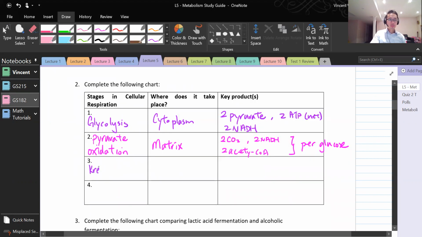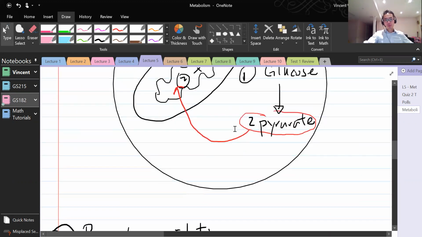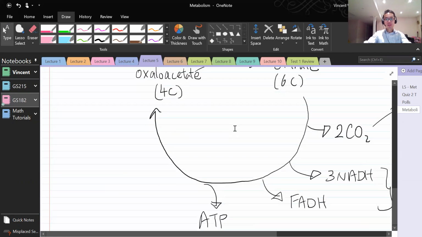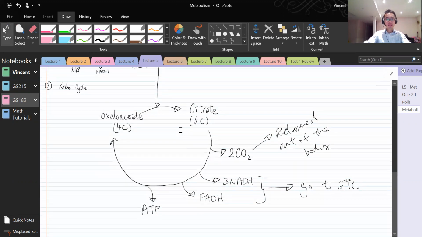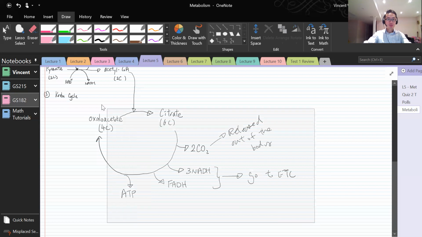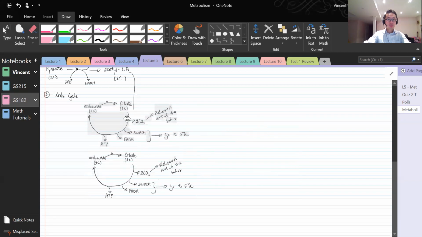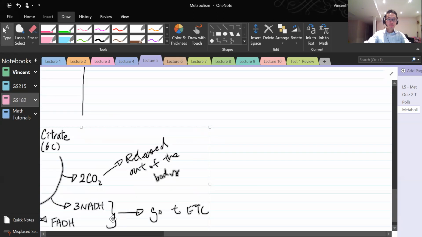Krebs cycle, also taking place in the matrix. Now, just going to go back to show you here one more time. Sorry, these things are so big. Let me just make it smaller. There you go.